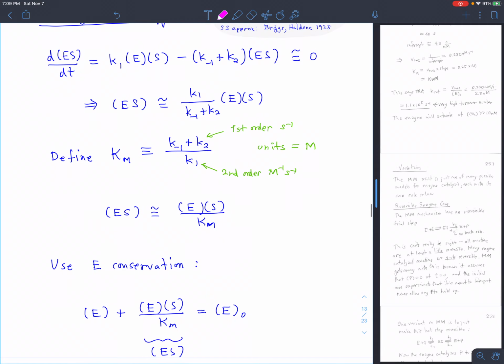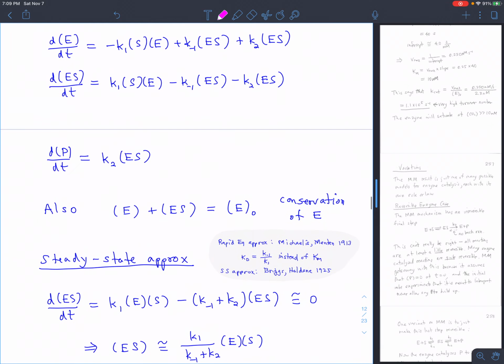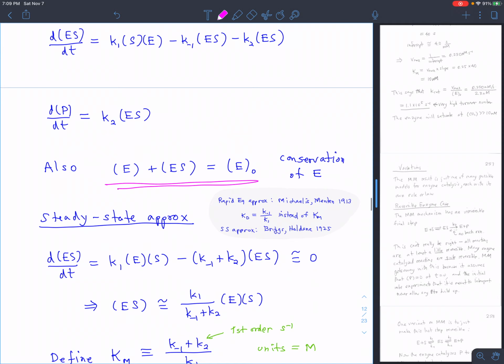All right. Then in that case, we have that the enzyme substrate complex is equal to E times S divided by Km. Now we use this enzyme conservation relationship that we have. We want to get an expression for E in terms of E0.